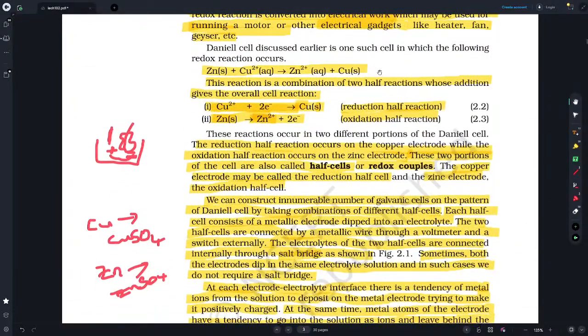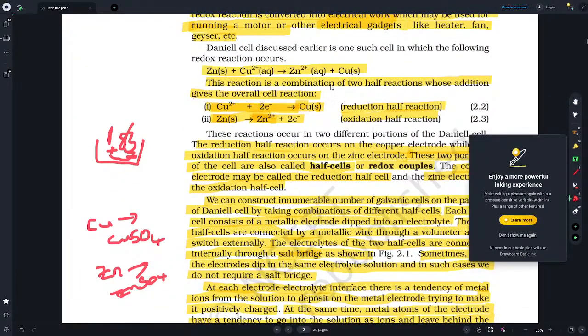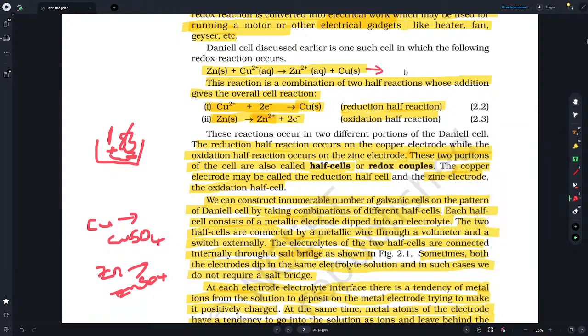This is the reaction of the Daniell cell, the Daniell cell's overall reaction. And the Daniell cell comes under galvanic cell.